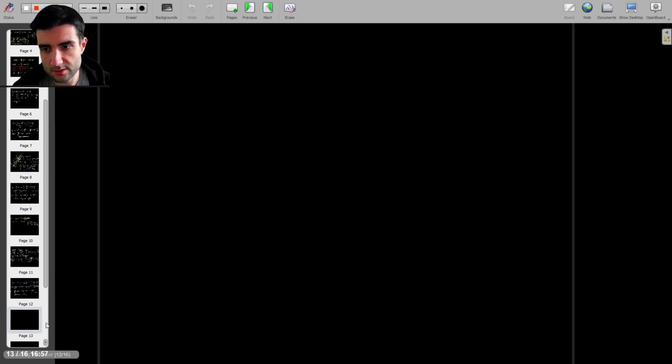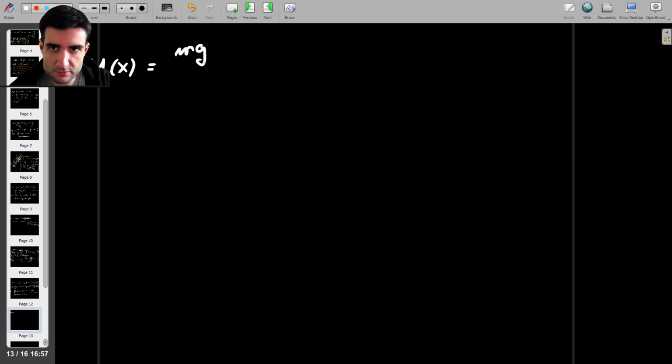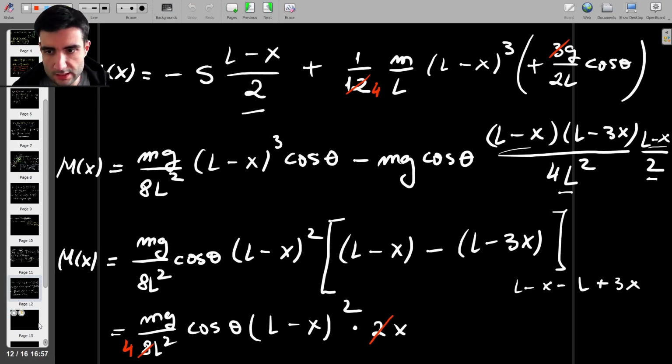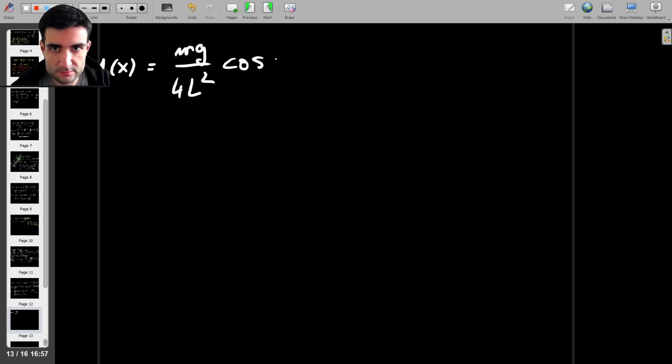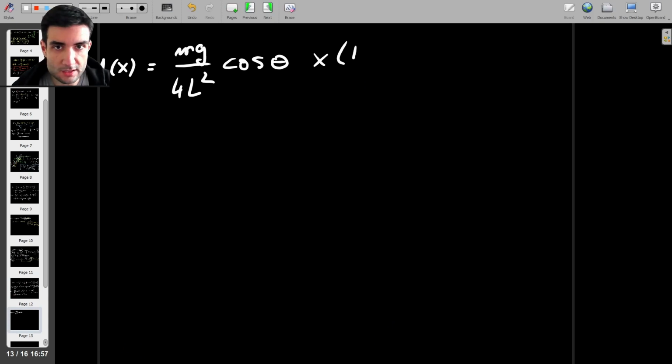So that's the moment. So we have the moment M as a function of x, and we can also cancel out this 2 and this here. So we have mg over 4L squared times cosine of theta times x times L minus x squared.